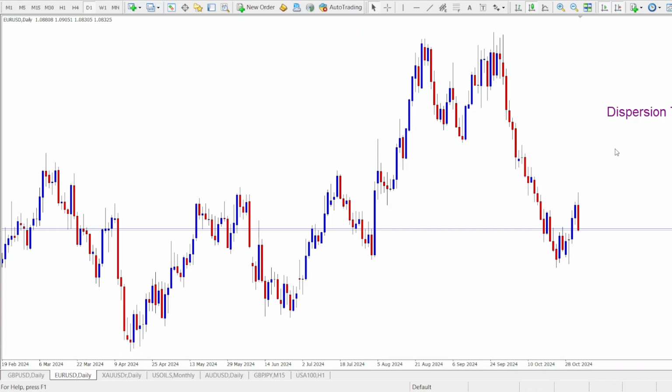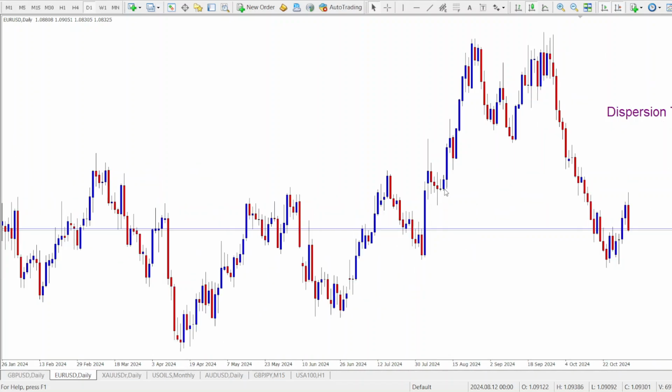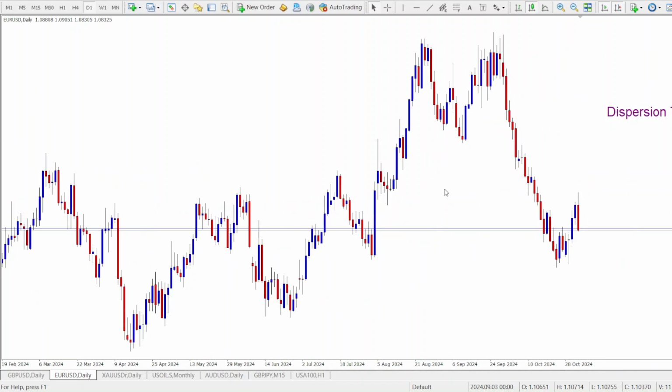So if you are interested in giving dispersion trading a shot, you might want to start by doing your homework. Study the correlations between major currency pairs and understand how economic events impact their volatility. There are various tools out there like volatility indices and correlation heat maps that can help you with this analysis.